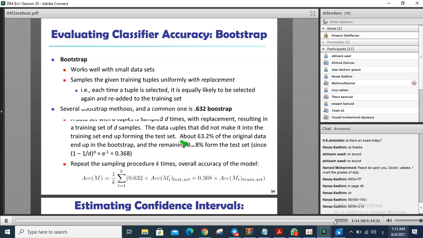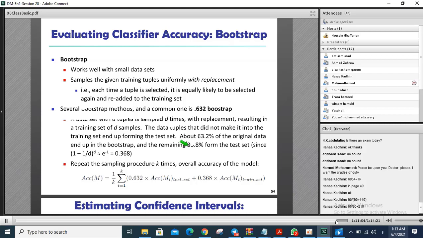Why? Because after selecting each tuple, I'm replacing it again into the dataset, and again it has a chance to be selected more than once.